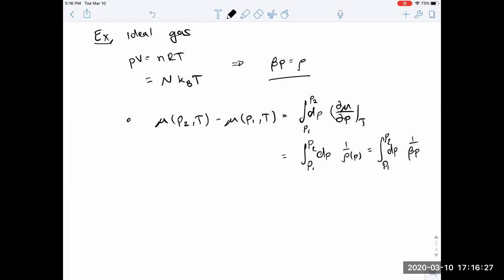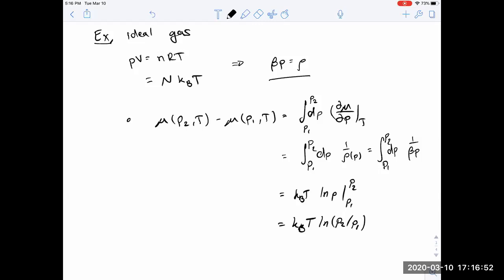And that's an integral we can do. That whole integral, 1 over beta, gives us a factor of kBT. Integrating 1 over the pressure gives us log P that we evaluate from P1 to P2, which is then just equal to kBT log P2 over P1.